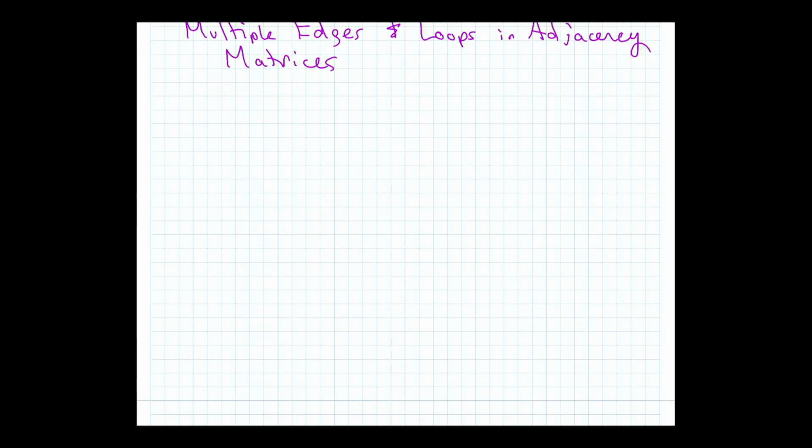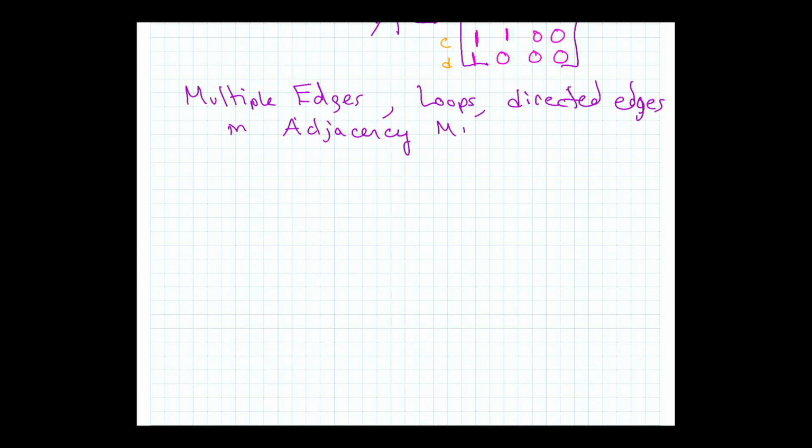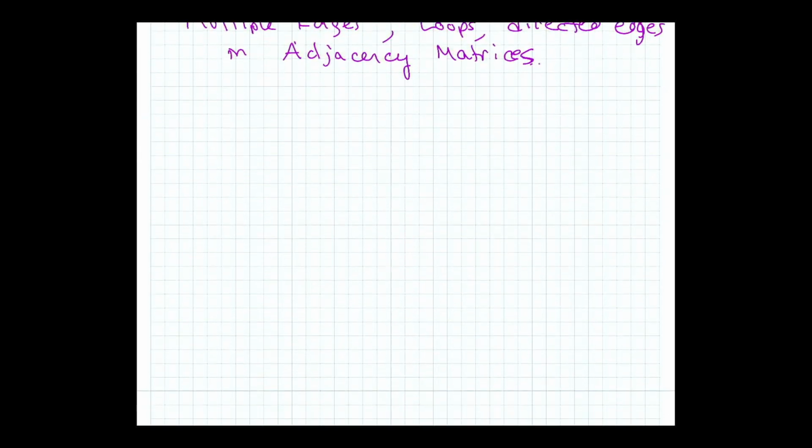So let's just talk about these in order. Oh, I said multiple edges and loops. That's true. Let me change this a little bit. Multiple edges, loops, and directed edges in adjacency matrices. All right, so let's talk about what to do there.